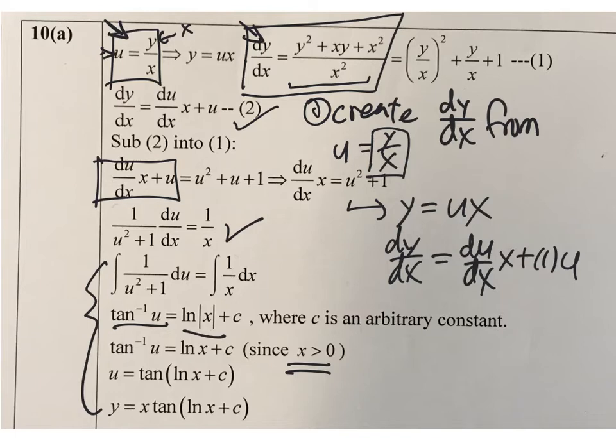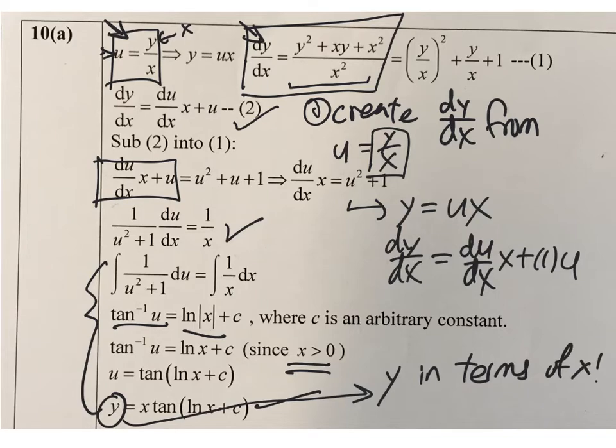Remove it and then apply tangent to both sides, so that eventually I get a y term, since the question asks us to find y in terms of x.